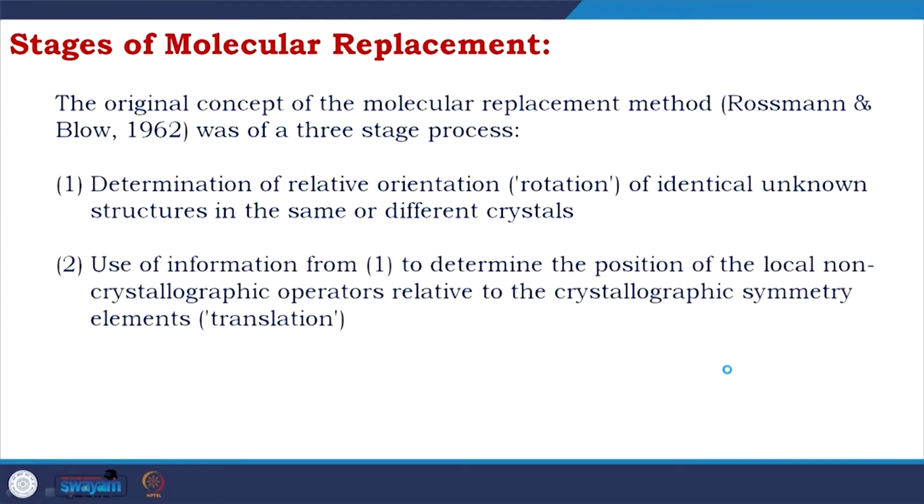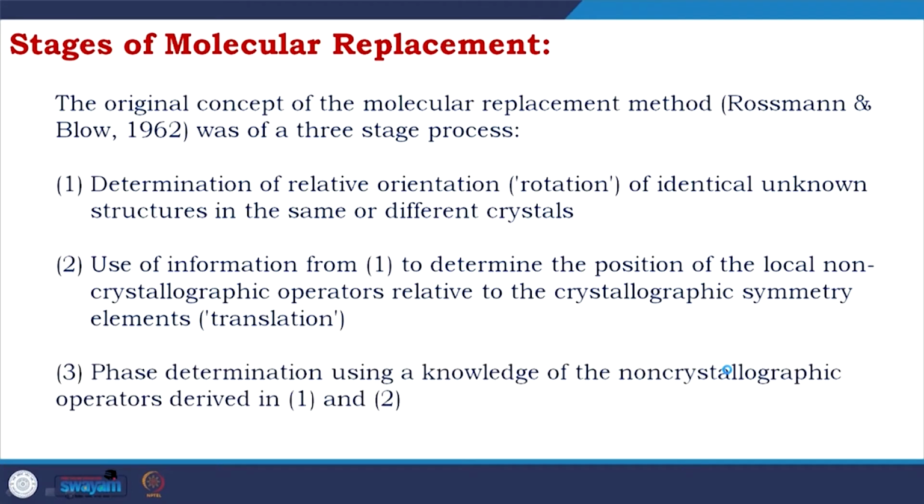Use of information from one to determine the position of the local non-crystallographic operators relative to the crystallographic symmetry element. So, the first one is what? Rotation, the second one is translation. The phase determination using a knowledge of the non-crystallographic operators derived in 1 and 2. So, you do the rotation, you do the translation, and you utilize them to get a phase.